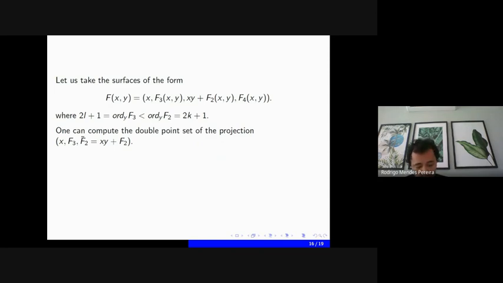Remember, the first strategy to check the topology of the knot is to project generically into three-dimensional space. Then if you project in this way, x, f3 and f2, the double point set is friendly also. It is given by these two equations, and you detect the double point set.